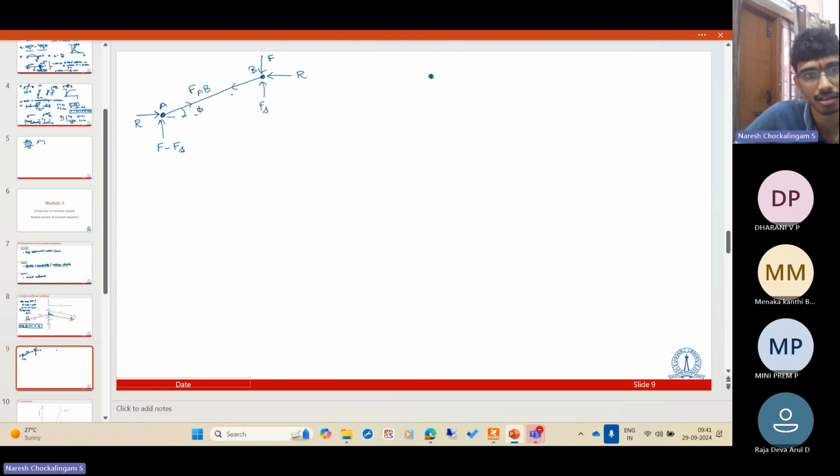At this joint, if you write the equilibrium of forces, you have FAB acting this side, you have Fs, and you have F downwards, and there is an R. If you set the sum of all vertical forces as 0, we get F is equal to the force in the spring minus FAB.